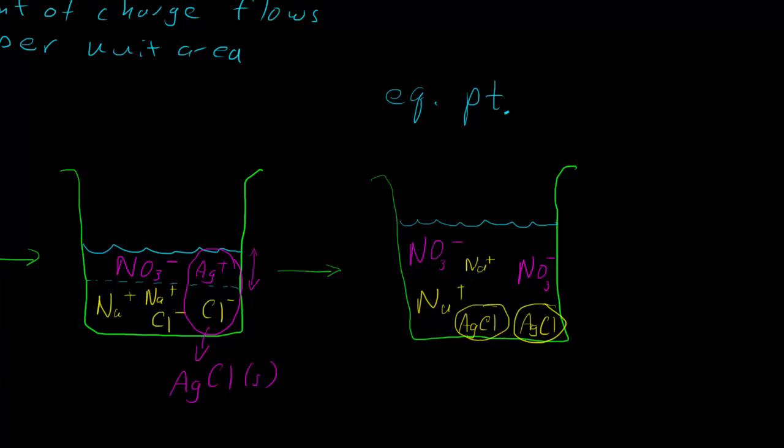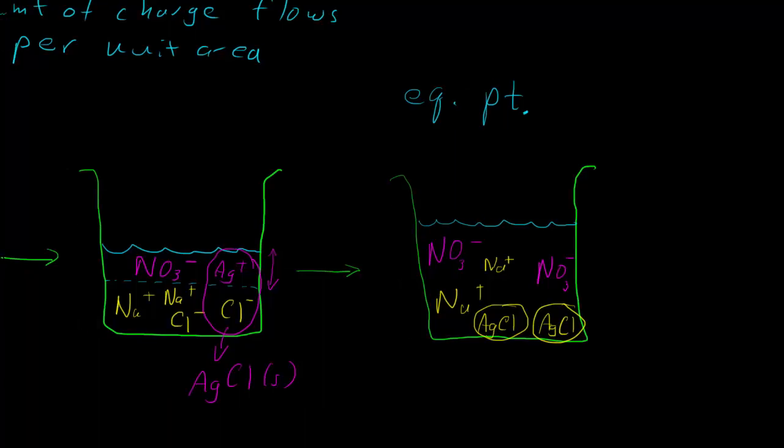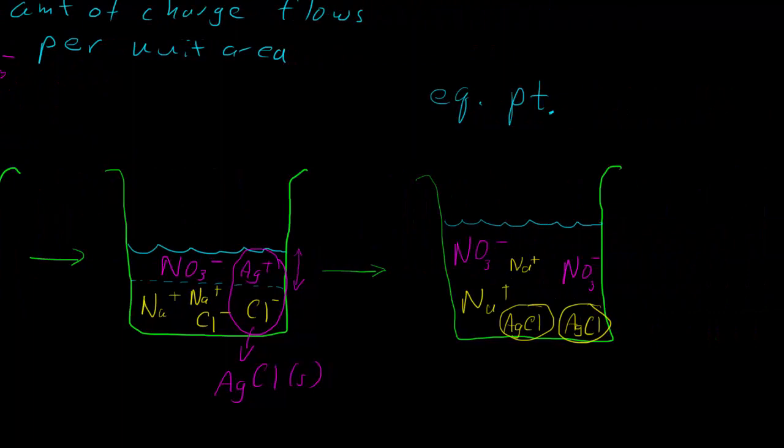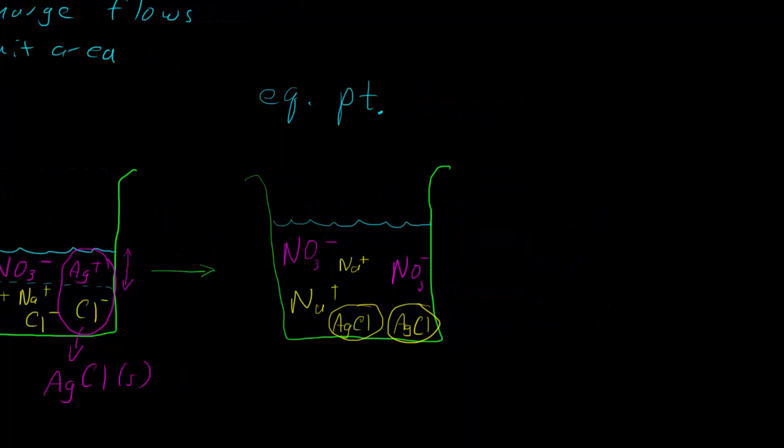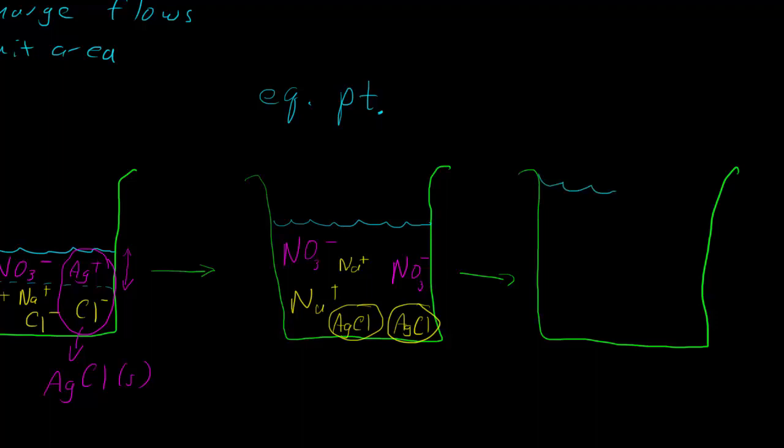So right now we have the same number of ions as we had in the beginning, we've just got them in a bigger volume, right? And so the conductivity is probably going to go down. Now, as we continue adding silver nitrate past the equivalence point, our silver nitrate's probably pretty concentrated compared to our sodium chloride solution, and so we end up with lots of silver ions in this solution and lots of nitrates.